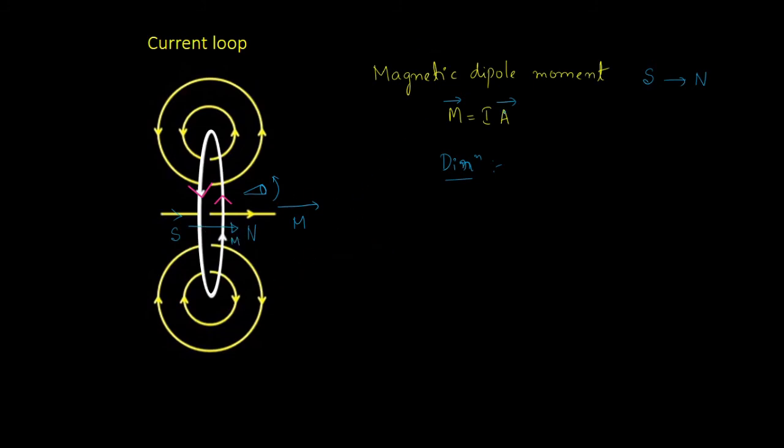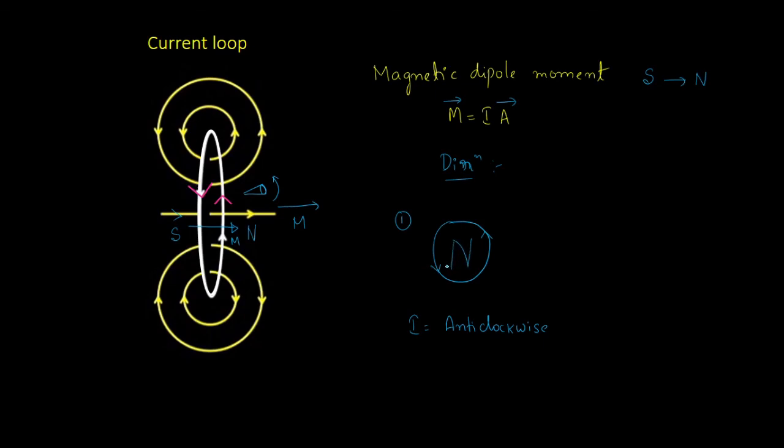If I can generalize this and say, for an observer who is observing the loop, if he finds the current is flowing in the anti-clockwise direction, this particular loop will be behaving like a north pole.